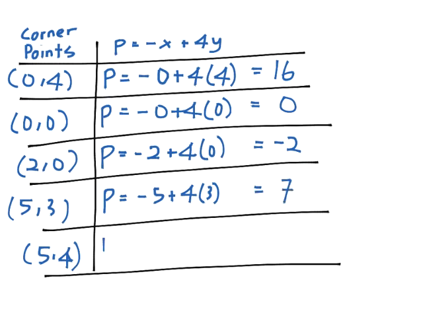And for the last one, p equals negative 5 plus 4 multiplied by 4, so negative 5 plus 16 gives positive 11. Now you have all 5 values of p.